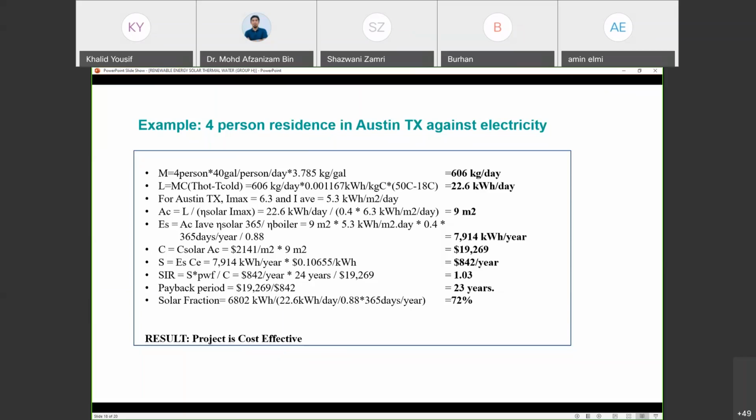And the savings to investment ratio is about 1.03. And for the payback period, it is above 10 years, so the project is not cost effective. So there needs to be certain changes, maybe in the solar system size. For the next slide, I'm going to pass it to someone else. Thank you.